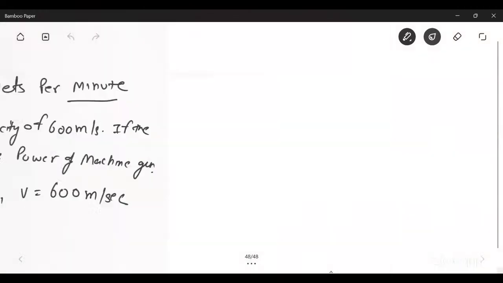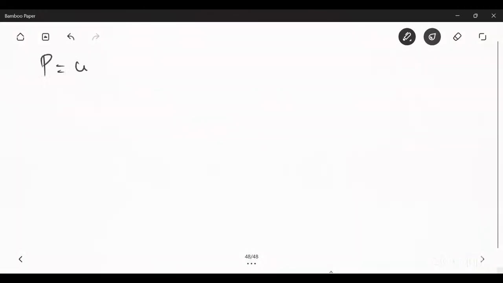Now the power. Power is work done upon time. Here work done is also known as the energy in time, and the type of energy is kinetic energy. So half mv square upon t. But here there are n number of bullets, so I will take n.